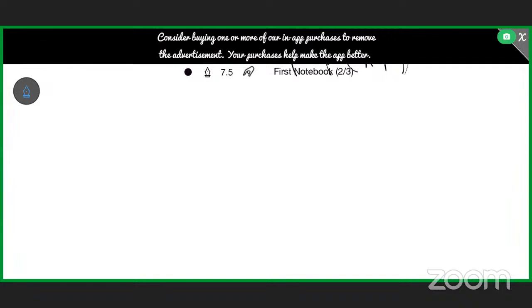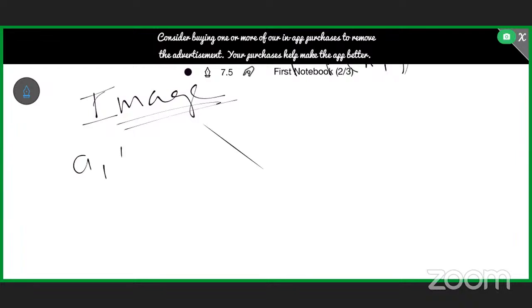First, we'll discuss the concept of image. (a, b) or (x, y) is my point.